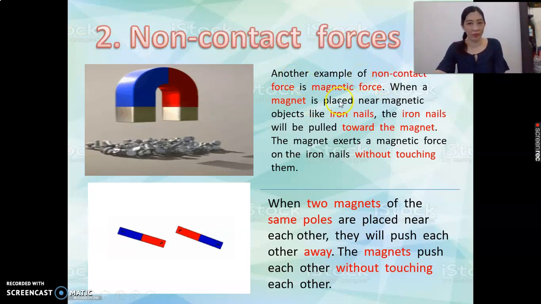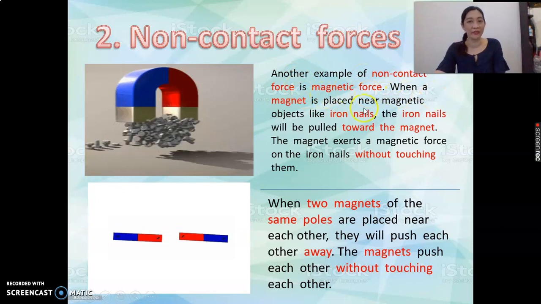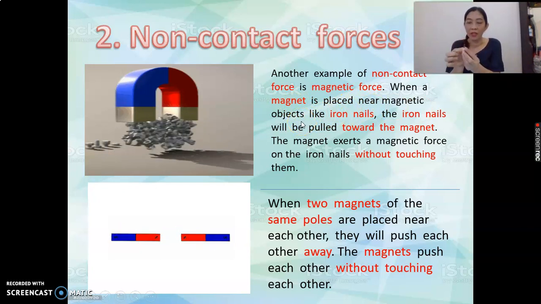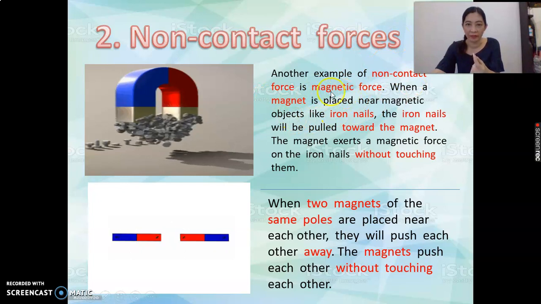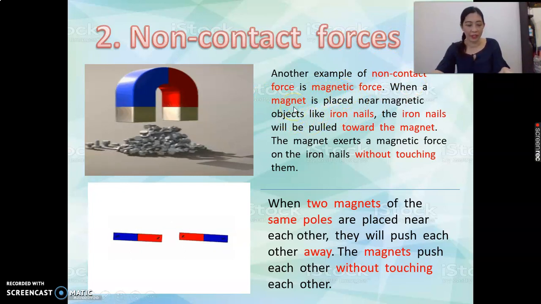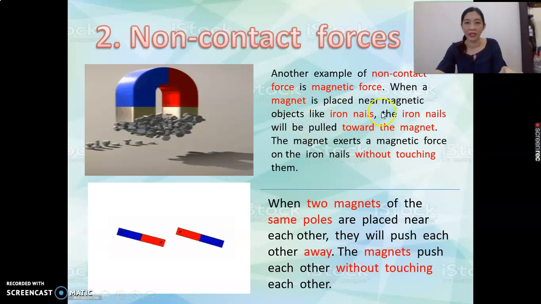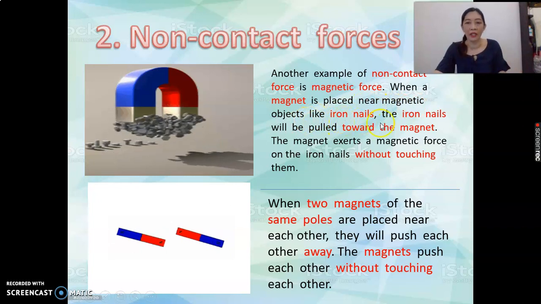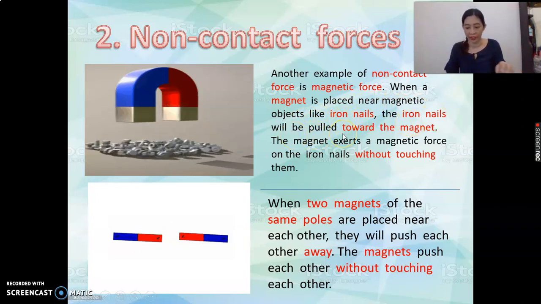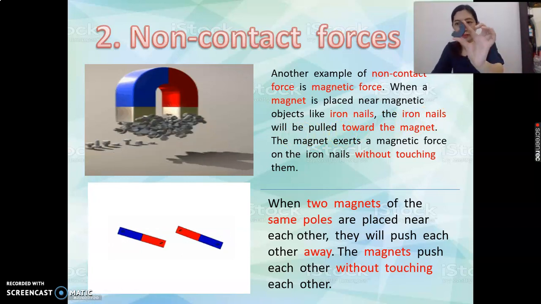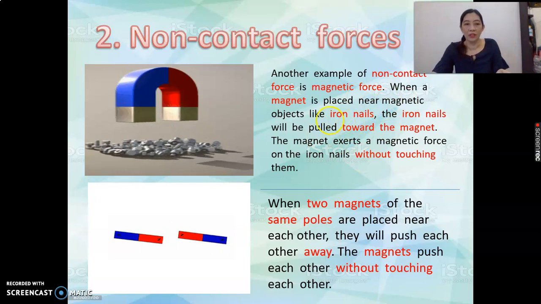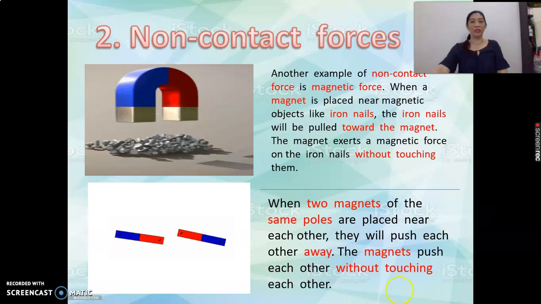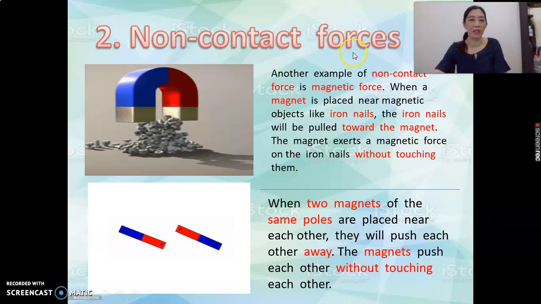Another example of non-contact force is magnetic force. When a magnet is placed near a magnetic object, like iron nails, the iron nails will be pulled toward the magnet. The magnet exerts force on the iron nails without touching, no touching. So this is an example of non-contact forces.